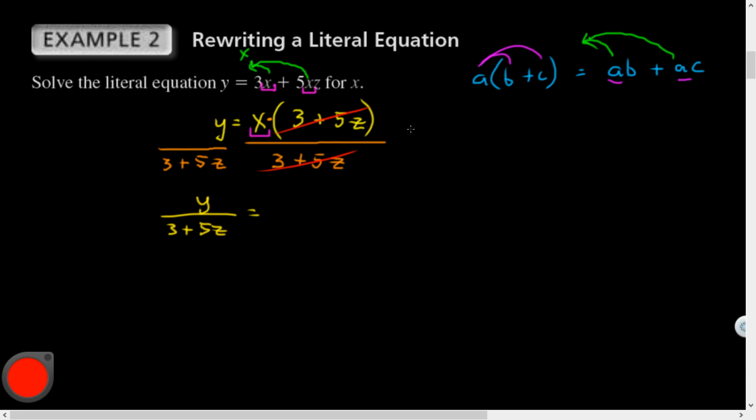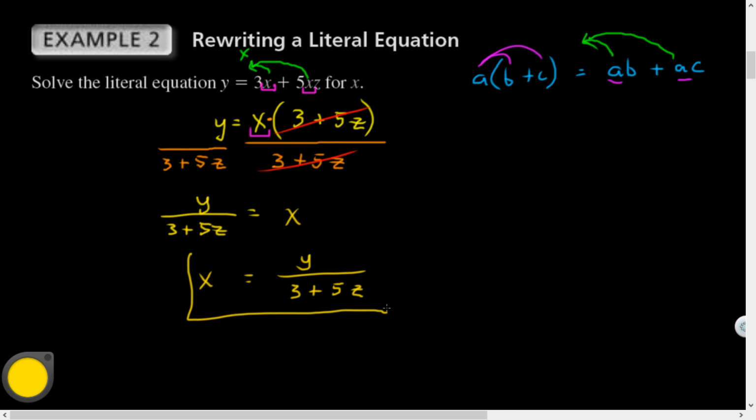This cancels out with that. So what's left? Plain old x. And I like to write it from left to right when I solve for my variables. So as my last step, I'm going to just write x equals y divided by 3 plus 5d.